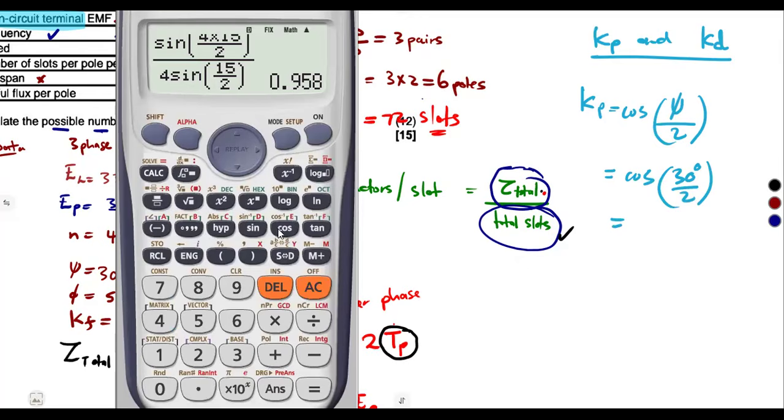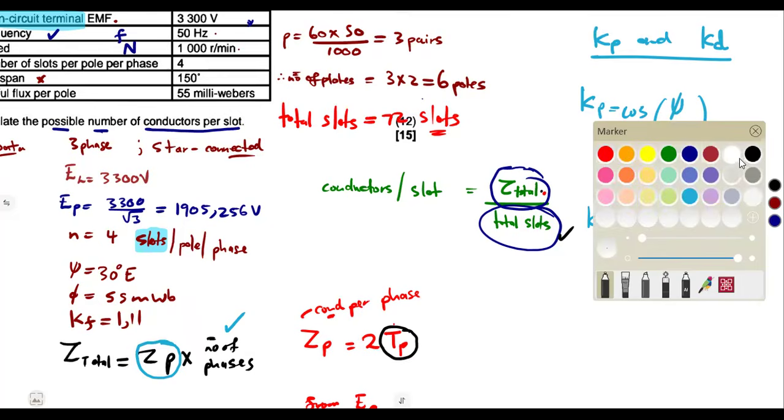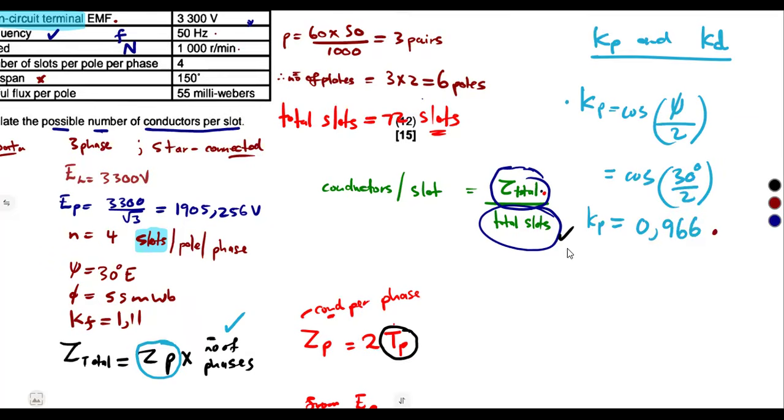So that's cos of 30 over 2. That gives us 0.966. All right, so we've got our pitch factor.